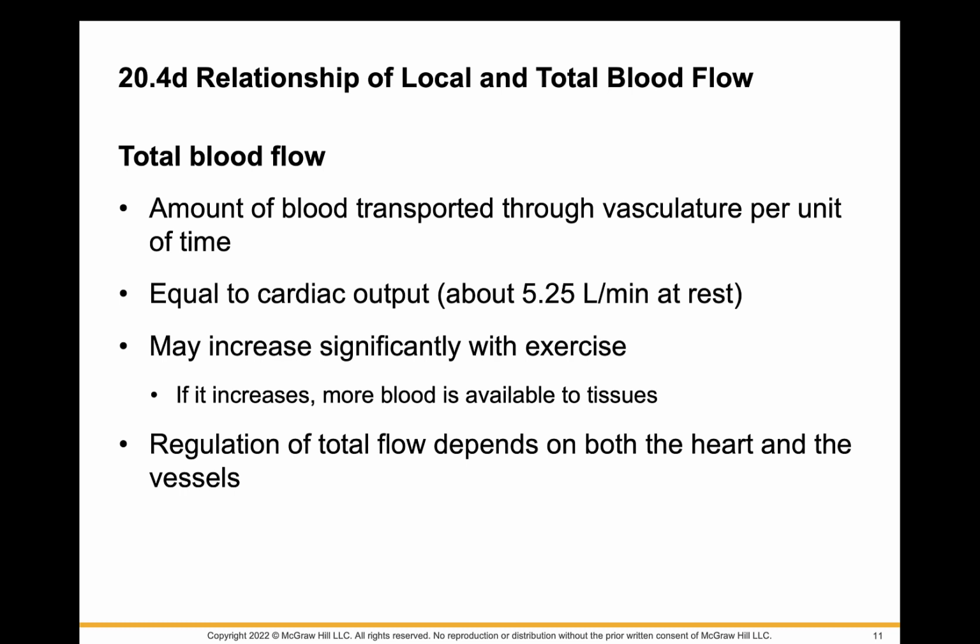This can increase significantly with exercise. So if it increases, we're going to see an increase in the availability of blood to tissue. So we increase total flow, and we're probably also going to see an increase in local flow. Total flow is going to be regulated by the relationship between the heart and our vessels.